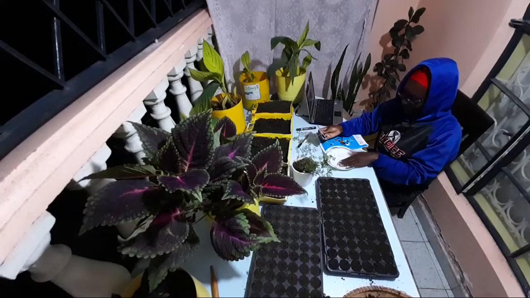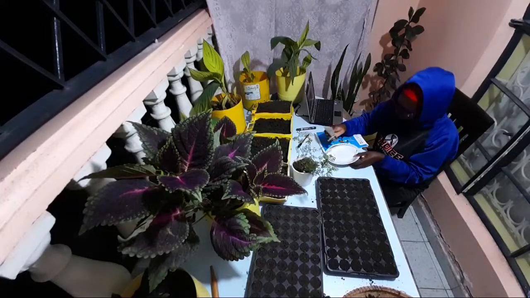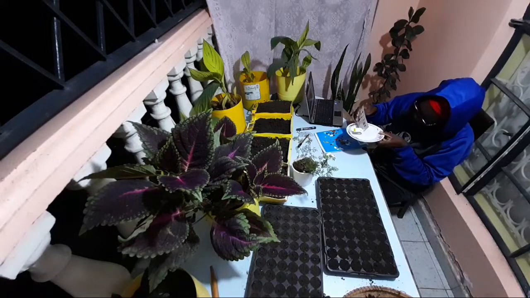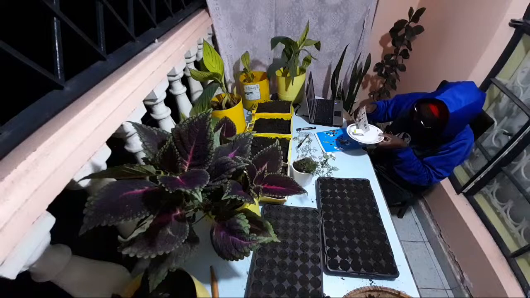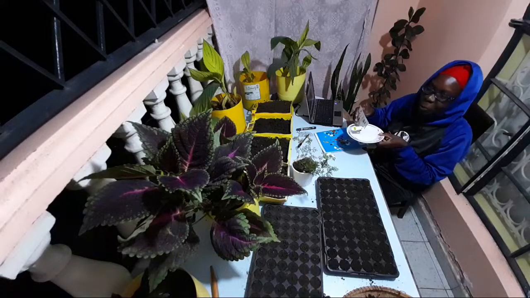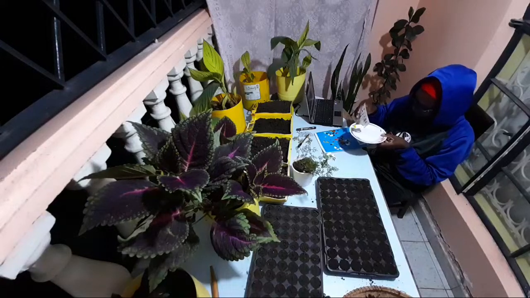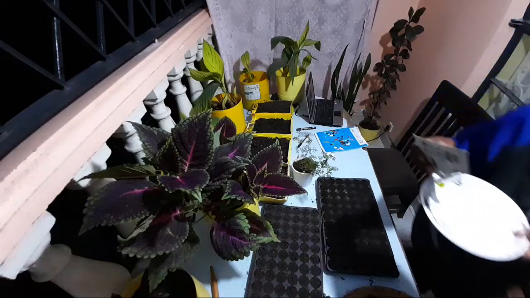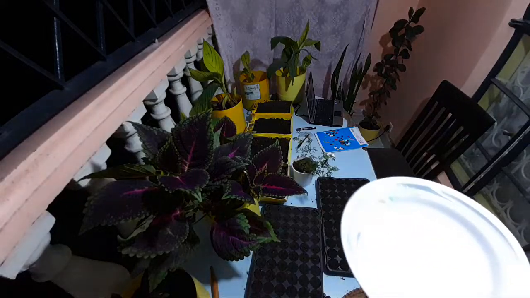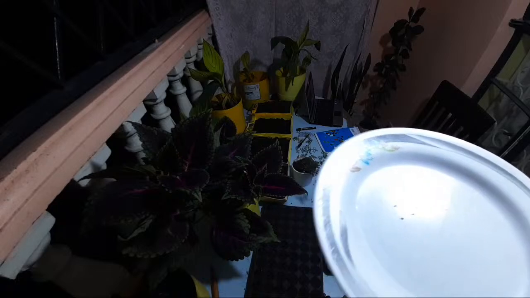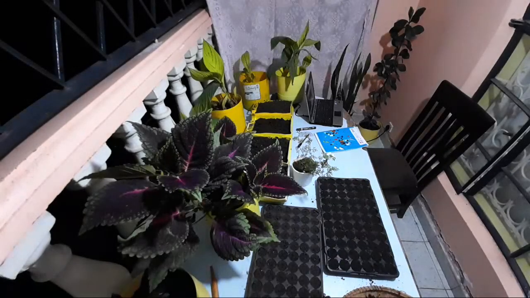So let's see how lavender seeds look like. And you're supposed to plant them one. They are so small. Oh my. Look at that. Can you even see? Look at the size of the seeds. They are so small.